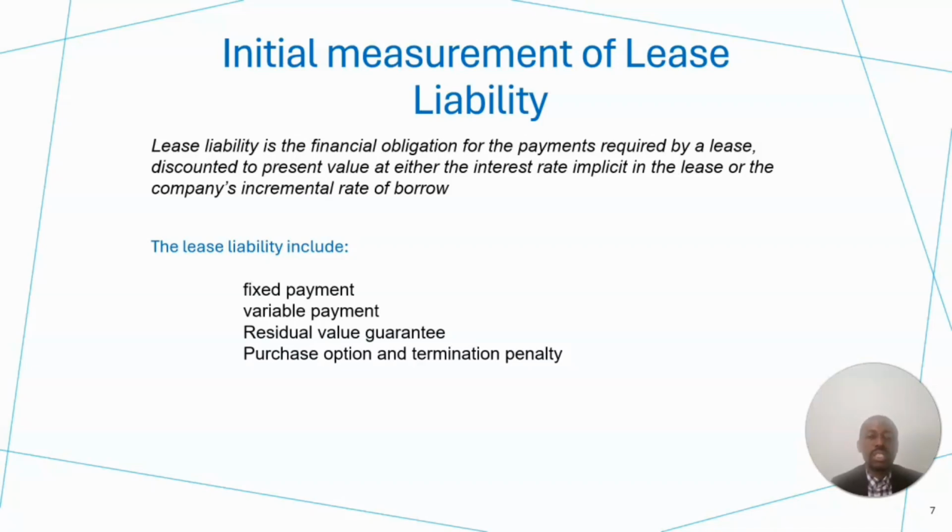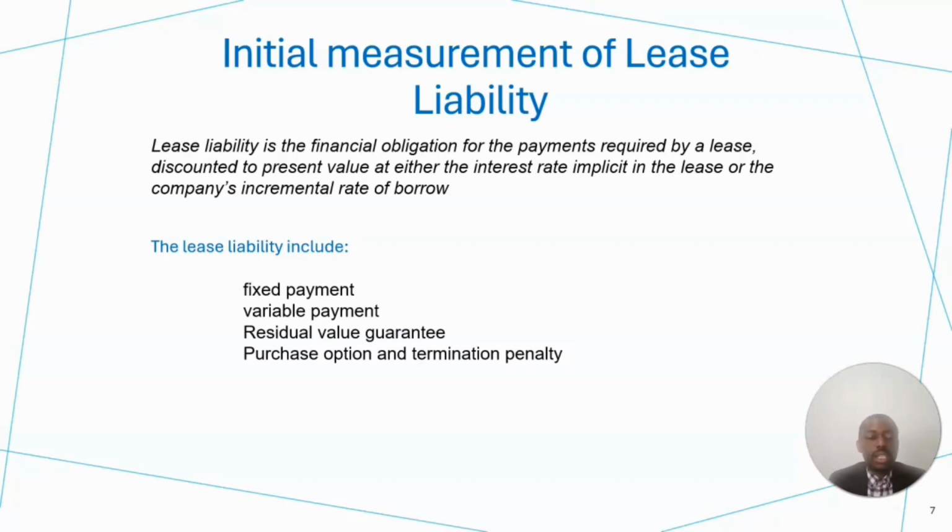So where this is not available, the standard allows you to use your own incremental rate of borrowing. That means your cost of borrowing. So if my cost of borrowing is, say, 20%, I will discount those cash flows annually by 20%, and the present value of all of the cash flows forms the initial lease liability.